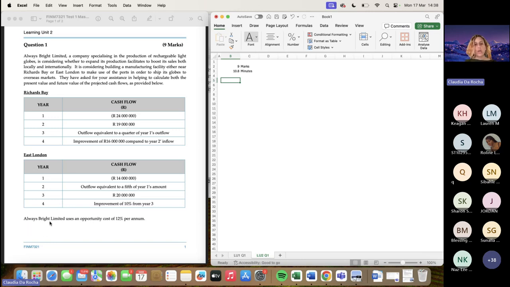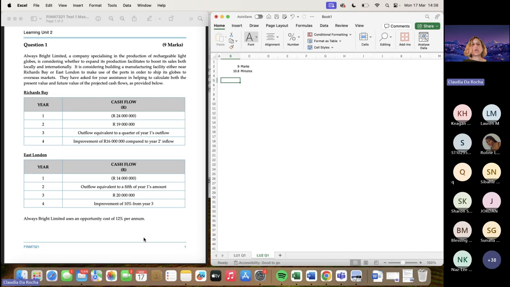Then they've also said, Always Bright Limited uses an opportunity cost of 12% per annum. So reminder, our discount rate for time value of money can be called discount rate, interest rate, opportunity cost, cost of capital, or WACC, weighted average cost of capital. All of those refer to the discount rate. So when they say an opportunity cost of 12%, that is your discount rate. It's very important.